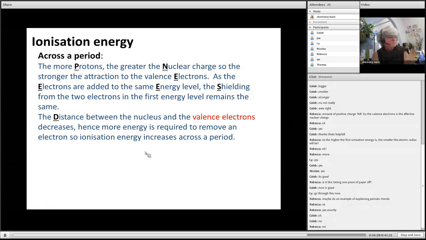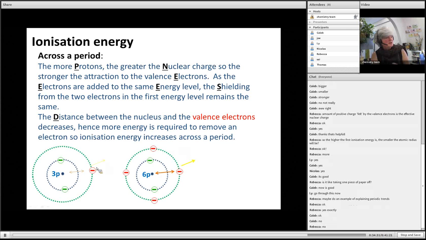Okay, so pretty much what I'm trying to show here is that I don't need much energy to take this one away, because this one's only got an effective nuclear charge of 1. Nuclear charge of 3, effective nuclear charge of 1. Here I've got a nuclear charge of 6, but an effective nuclear charge of 4, so it's a bit harder to take my electron away.